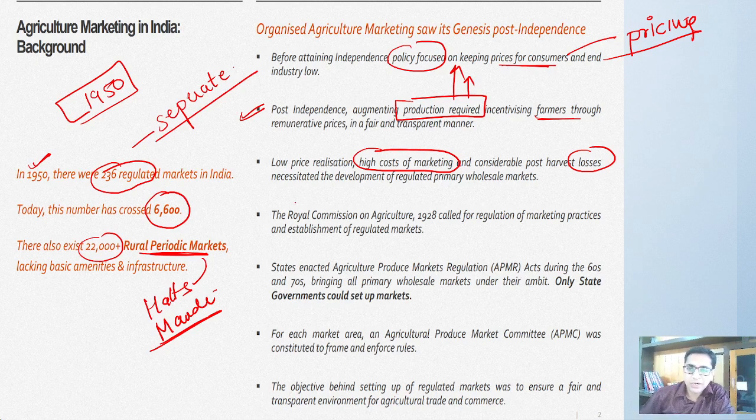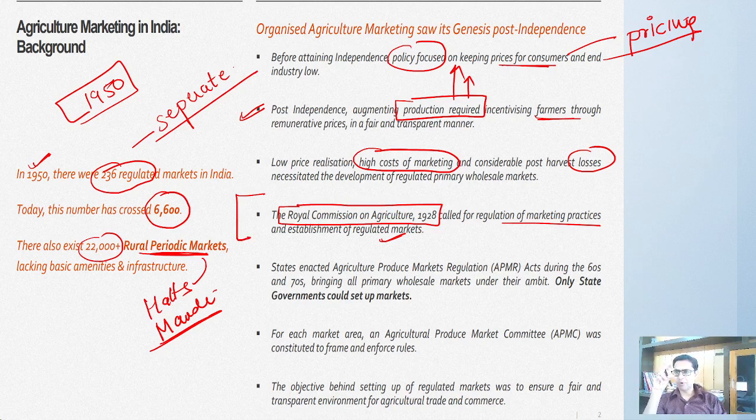The Royal Commission on Agriculture in 1928, before independence, called for regulation of marketing practice and establishment of regulated markets. They said we need proper marketing practices for agriculture and proper regulated markets under government control, so that nobody can take unnecessary benefits or do corruption in this whole process.